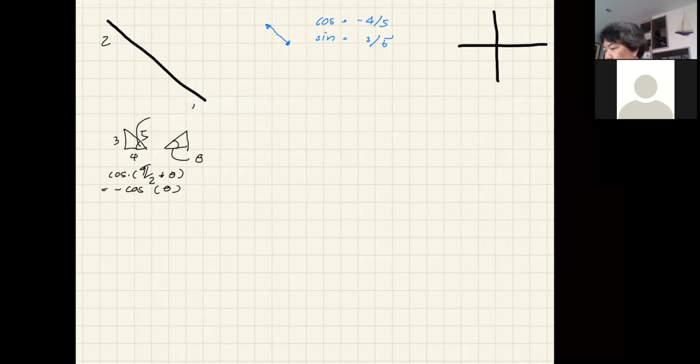In quadrant number 1, everything is positive. In quadrant number 2, cosine is x and sine is y, so your cosine is always negative and your sine is positive.